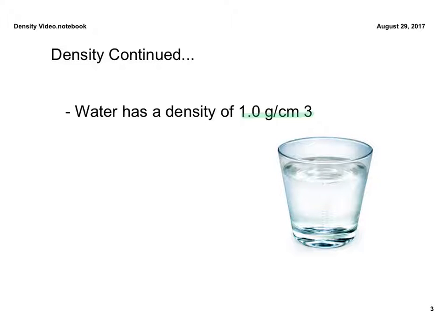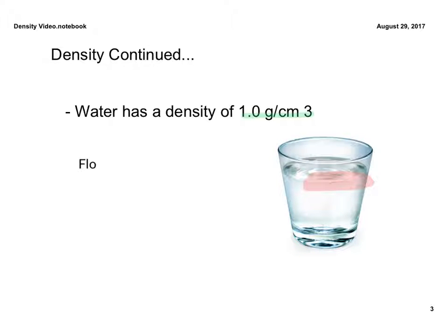So if water is 1 gram per milliliter or 1 gram per centimeter cubed, an object in the water that is floating, sitting up on top, we would consider less than 1 gram per centimeter cubed. So let me write that.